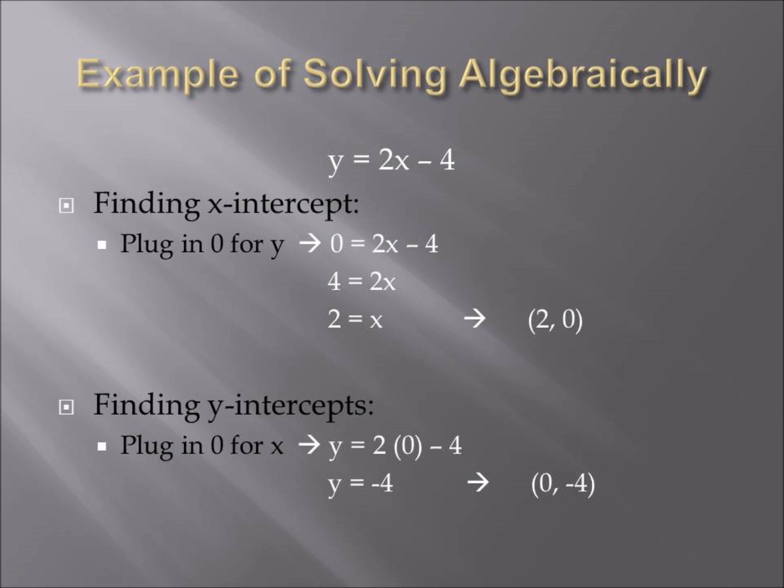We plug in 0 for x and solve for y. So the equation becomes y equals 2 times 0 minus 4, which, since 2 times 0 equals 0, gives y equals negative 4. Once again, since we used x equals 0 and y equals negative 4, our ordered pair coordinate point would be the point (0, -4).